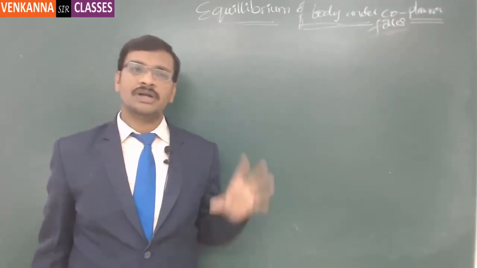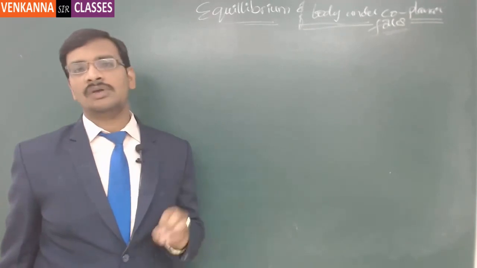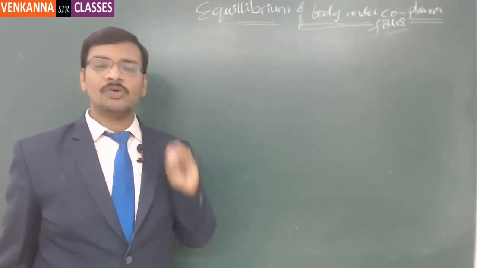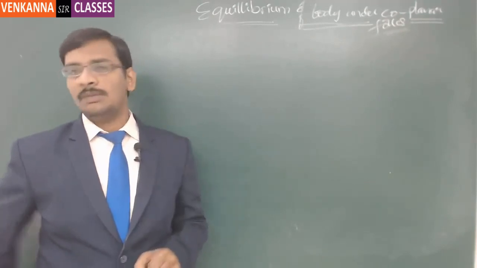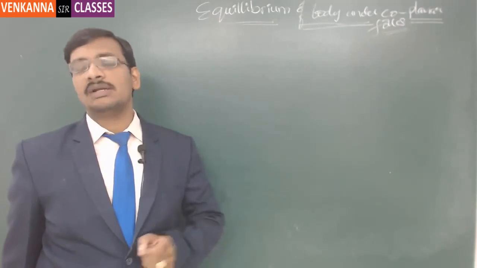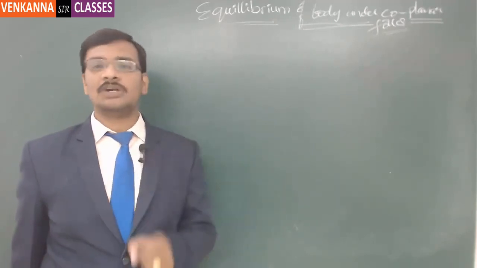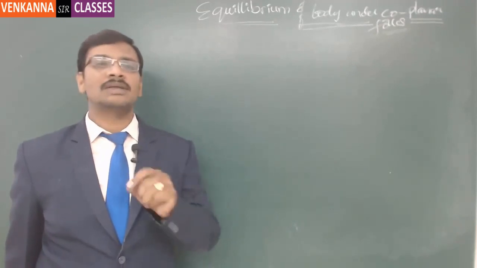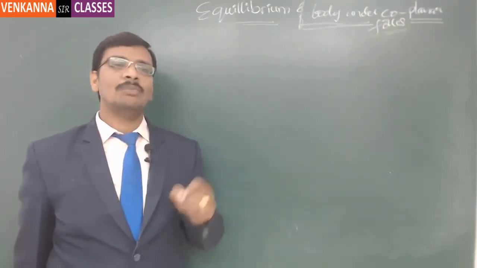If there are three forces, we have also done that in the previous classes. But if there are multiple forces, then the complexity comes, because each and every moment and each and every force has to be calculated, and they are acting at different locations. That is the complexity.